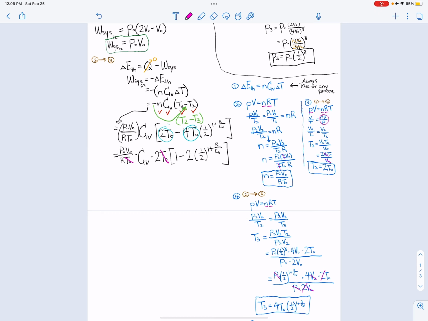So canceling out T naught, I am left with my work done by the system from state 2 to state 3 is equal to P naught V naught CV over R. Actually, I also have a 2 right there, so 2 P naught V naught CV over R multiplied by 1 minus 2 times 1/2 to the power of 1 plus R over CV.